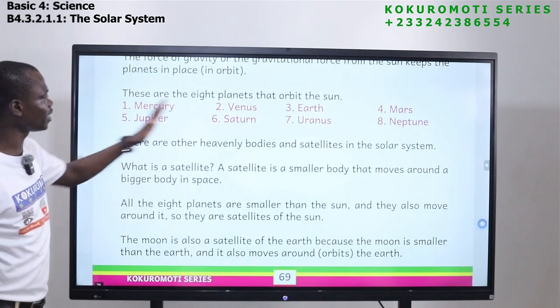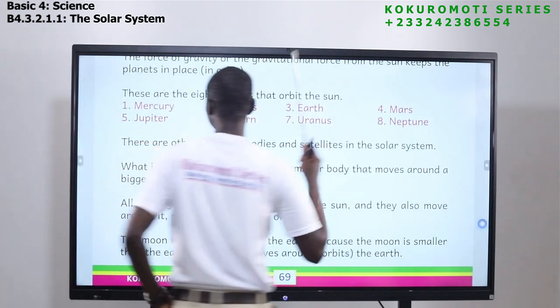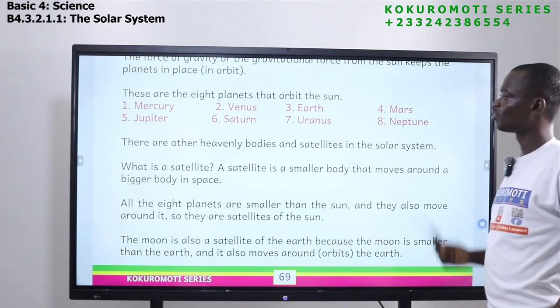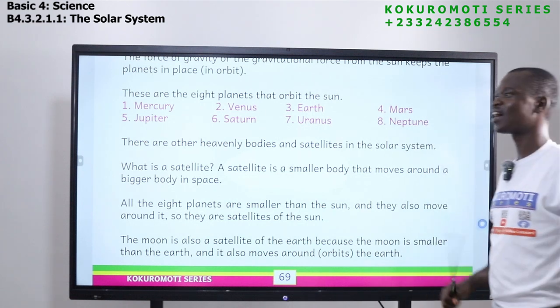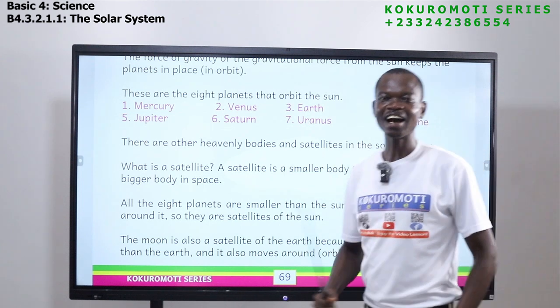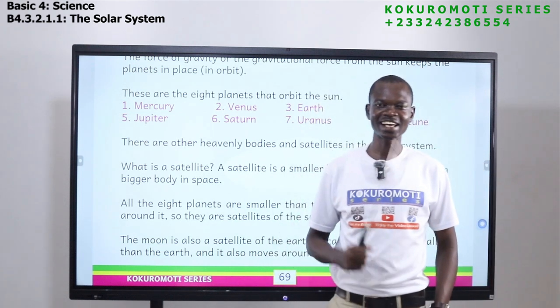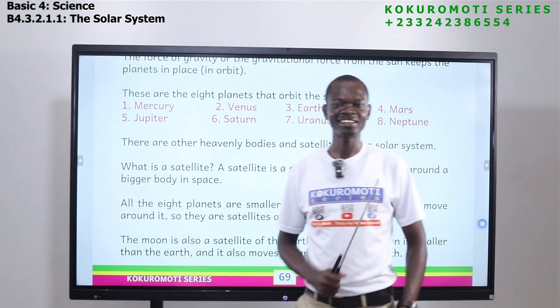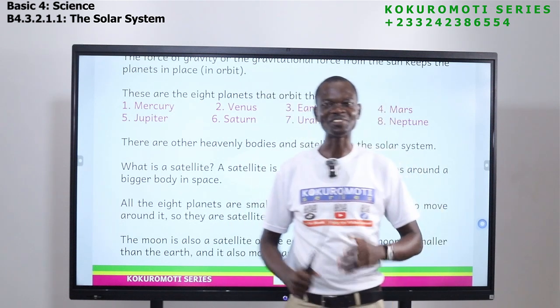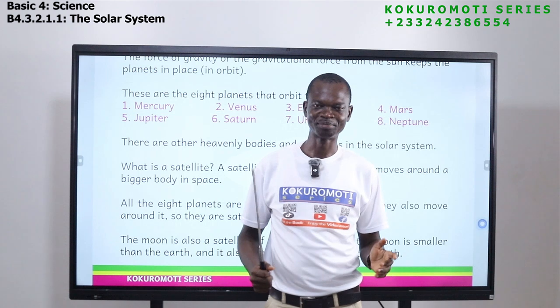Okay, now there are 8 planets that orbit the sun. We have learned this in class 3. Mercury, Venus, Earth, Mars, Jupiter, Saturn, Uranus, Neptune are planets of the solar system. Okay, so we are talking about the 8 planets.